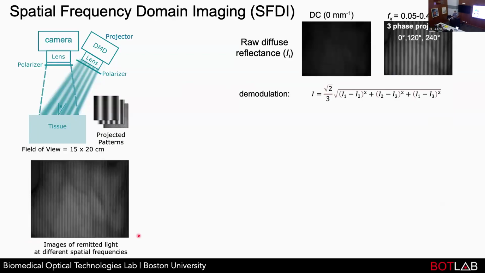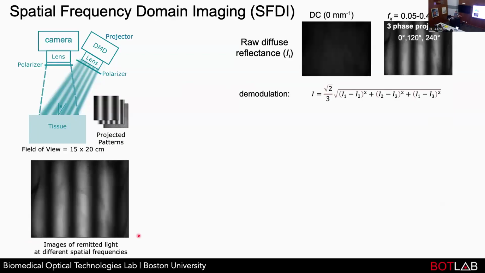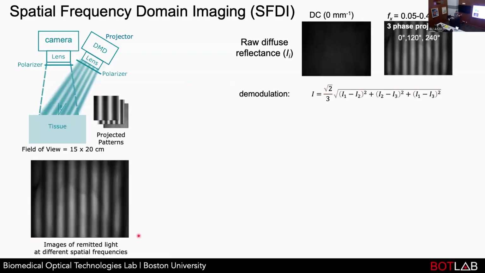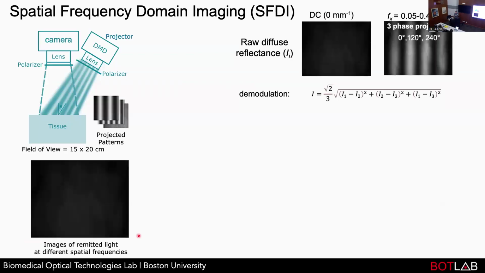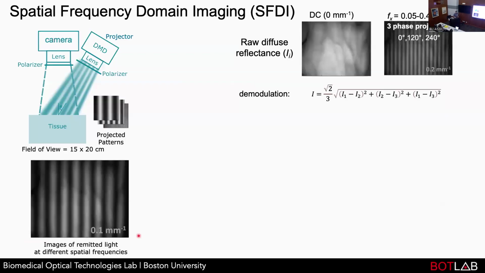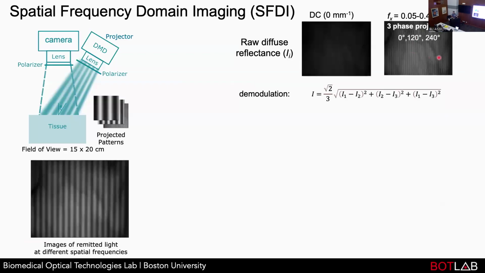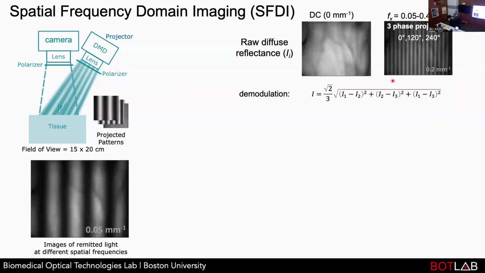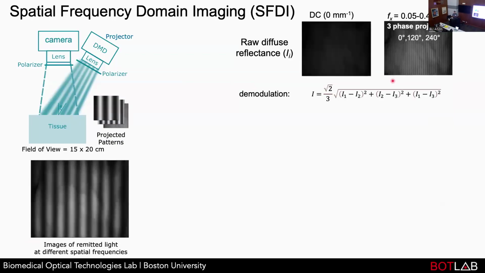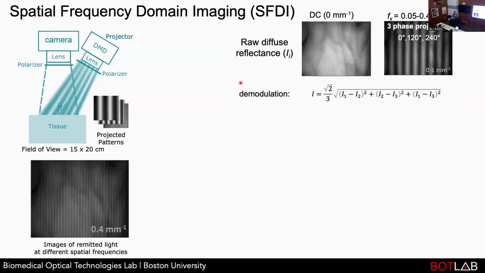We typically measure at least one low spatial frequency, typically DC, 0 inverse millimeters. That's the same as saying no pattern. And then at least one higher spatial frequency. We also project that pattern at different phase offsets. We shift it in order to use this demodulation algorithm.